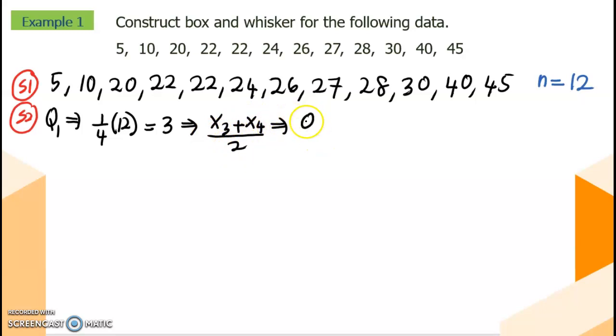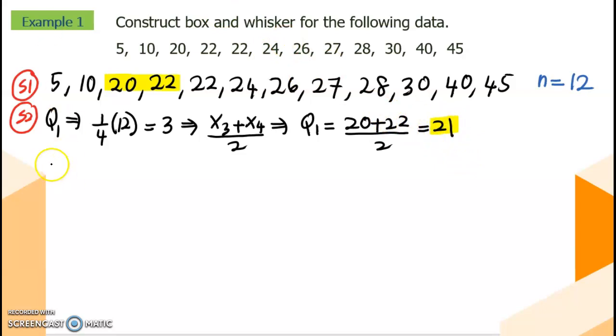Counting 1, 2, 3, 4, we have 20 and 22. 20 plus 22 divided by 2 equals 21. So the first quartile is 21.